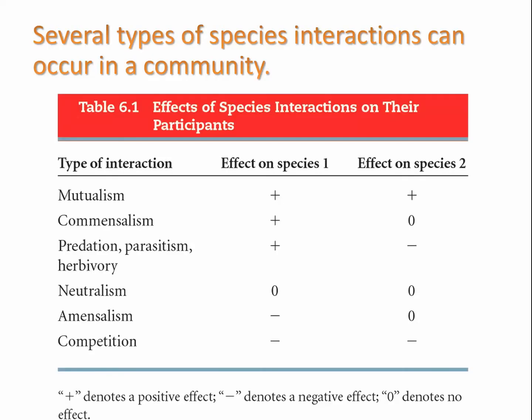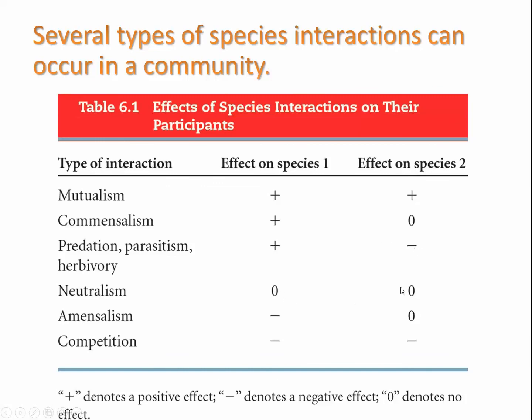Several types of species interactions can occur in a community. And there's some vocabulary, you just got to know it. And we'll talk in class a little bit about ways of remembering this. Mutualism, they both benefit. Commensalism, one benefits, the other one doesn't care, not affected. Predation, parasitism, herbivory, this is where one species benefits, the other one is being harmed.